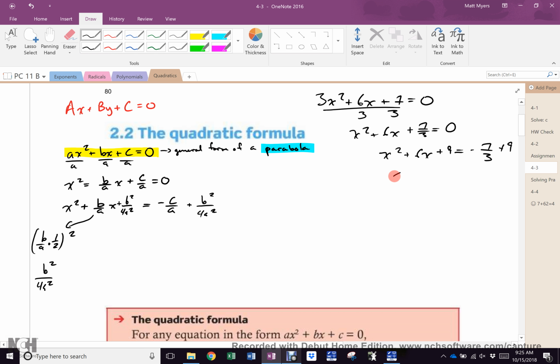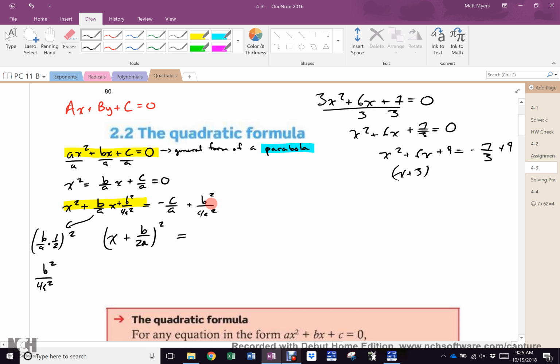And it would be x plus 3, right? So factor this side. What is this going to become? Well, you know it's the square root of that and the square root of that, right? So this must be x plus b over 2a squared. Agreed?